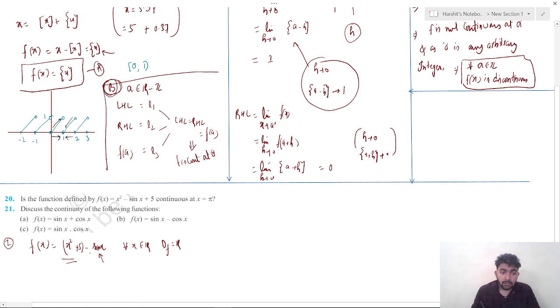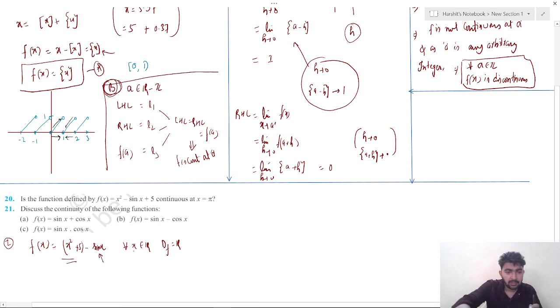So this is basically the algebra of functions, because x square plus 5 is continuous for all x belongs to R, and minus sin x is also continuous for all x belongs to R. Hence their addition is also continuous for all x belongs to R. So if the function is continuous for all x belongs to R, then it is also continuous at pi, because pi is also a real number.